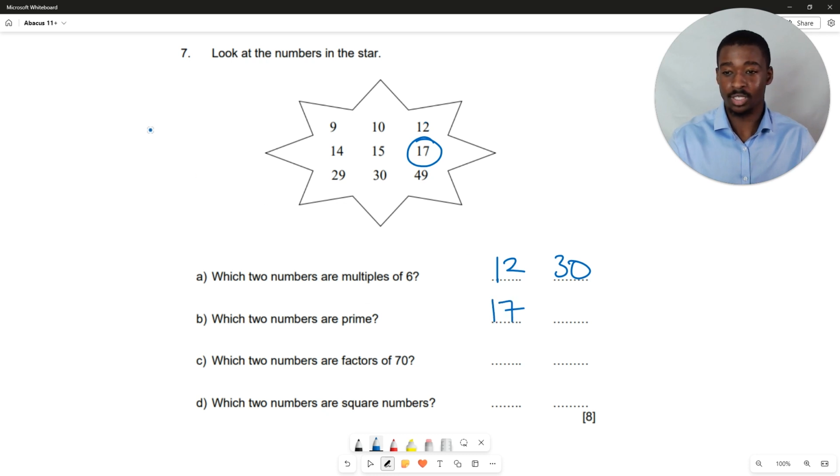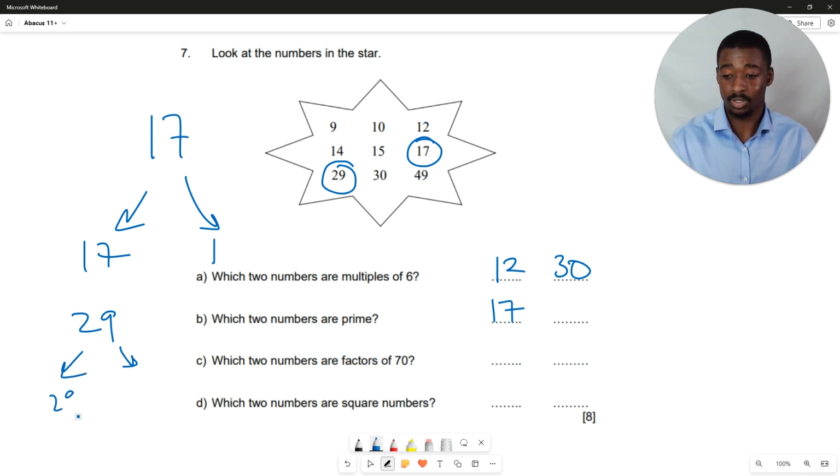The only two factors of 17 are 17 and 1. And then our second prime number should be 29, right? Because 29 again only has two factors, itself, 29, and 1. So 29 is our second prime number.